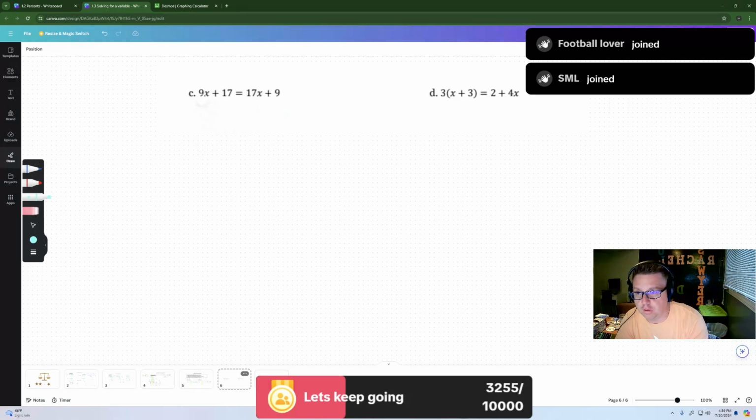So what I'm going to do is underline, draw my line so I see the highlights are on opposite sides, and I'm going to just take the smaller number. Definitely if you have a negative number, just add it to the other side, but if I have a smaller number, that's the one I'm going to subtract from both sides.